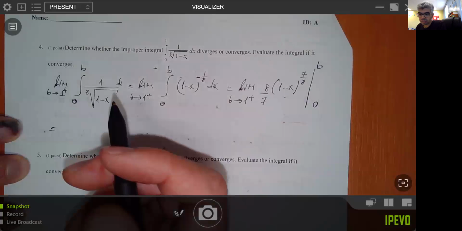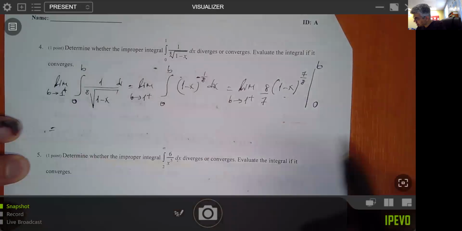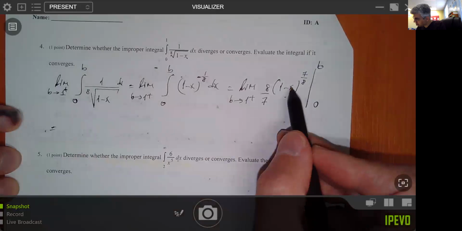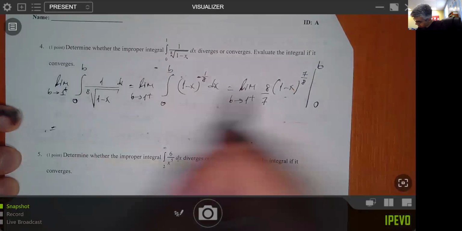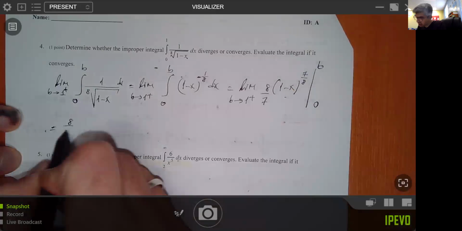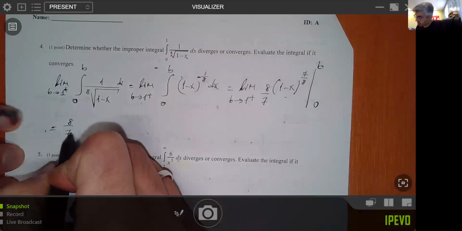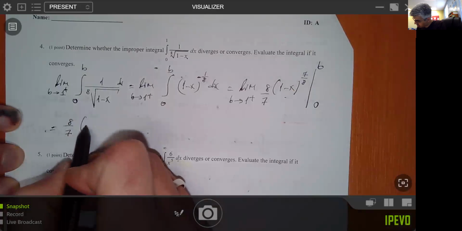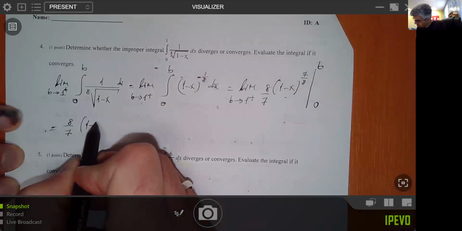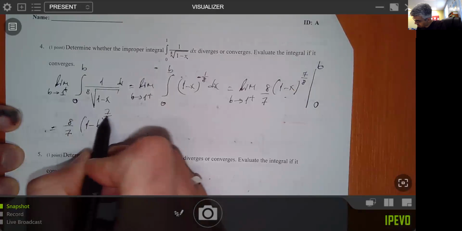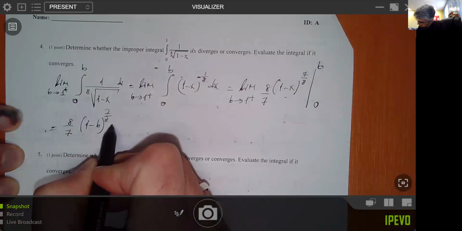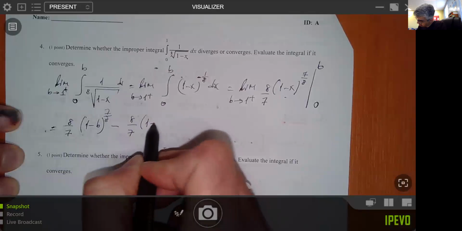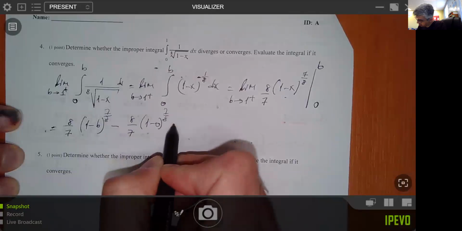Then we just put the values here. If b is right here, we have 8 over 7, 1 minus b to the power of 7 over 8, and then minus 8 over 7, 1 minus 0 to the power of 7 over 8.